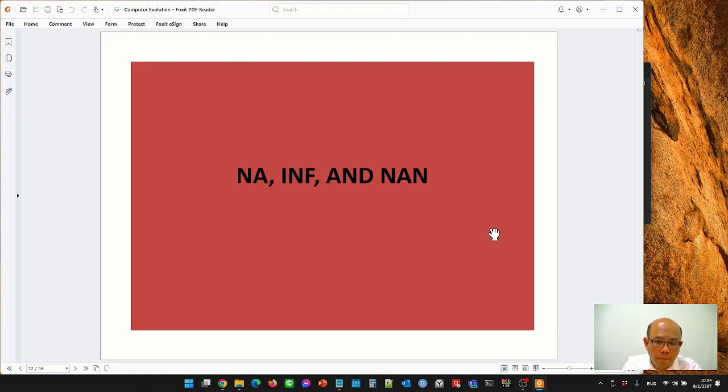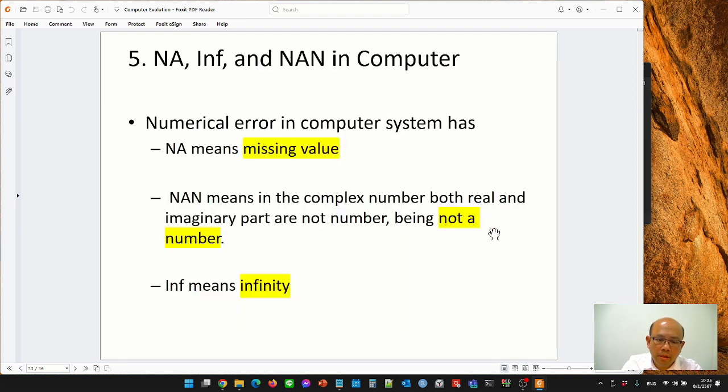Okay, now the next problem is about NA, INF and NAN. What is NA? NA is a missing value. For example, you create a form, such as a questionnaire. The user can fill in the form or not; when the user doesn't enter anything in the form, that generates NA output.